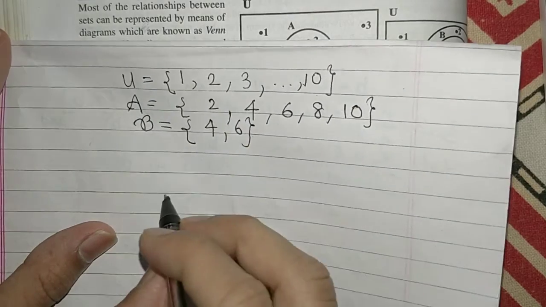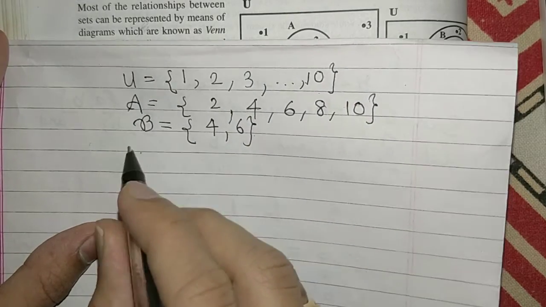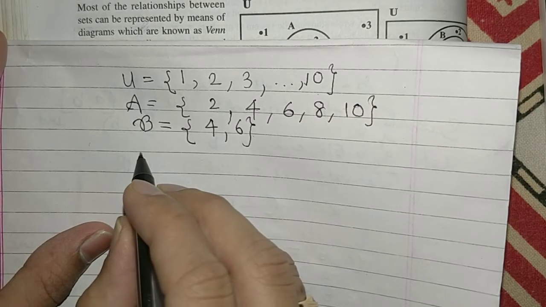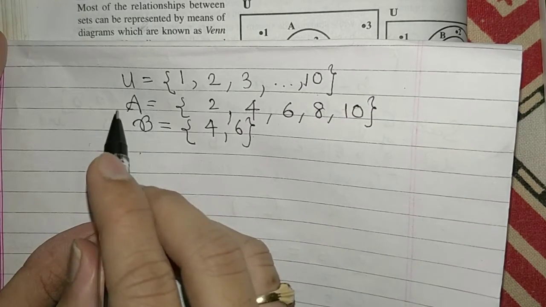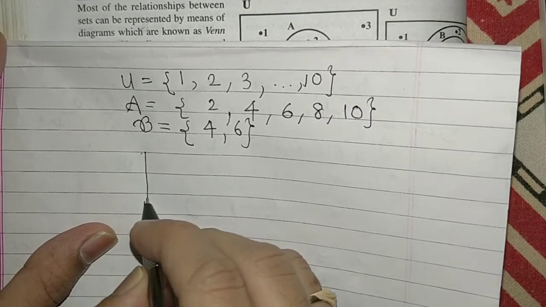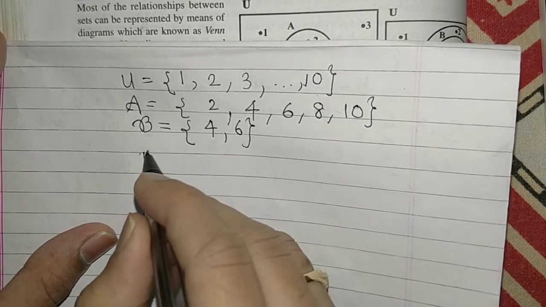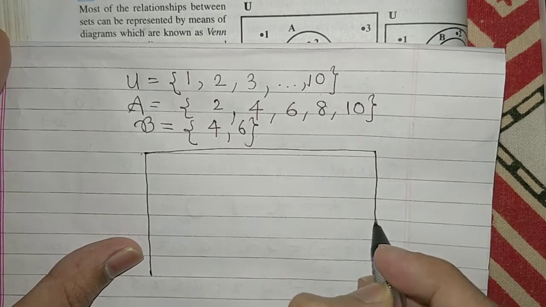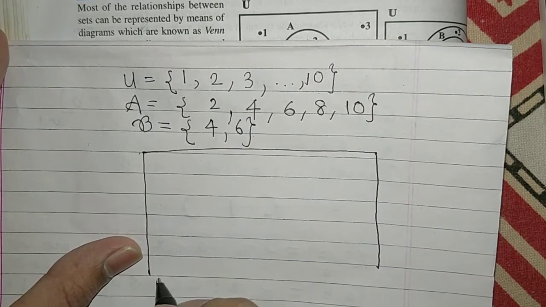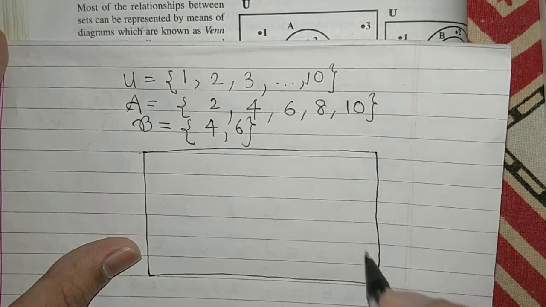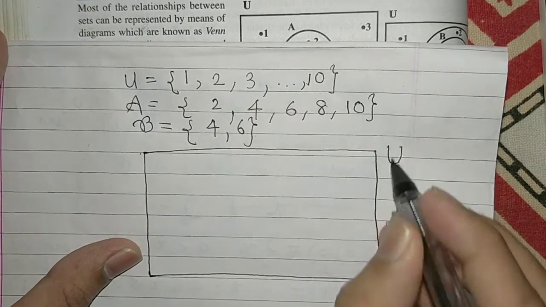Now let us draw the Venn diagram for these sets. You know that the universal set you have to draw as a rectangle. So draw a rectangle. So this is the set U.